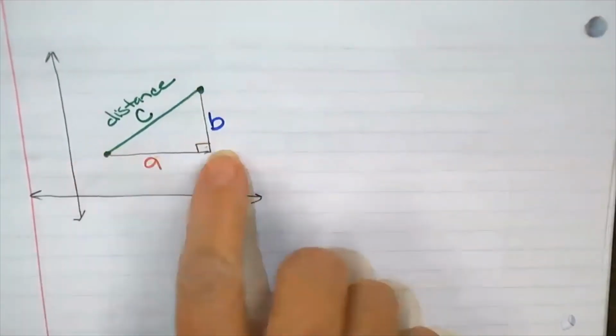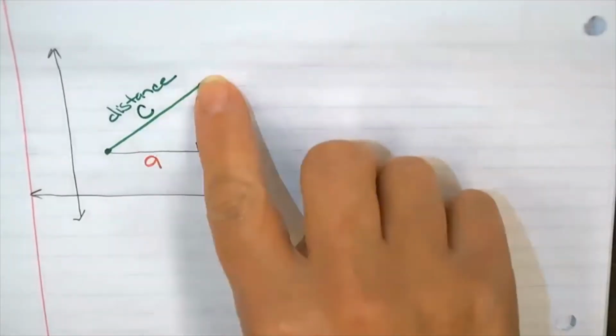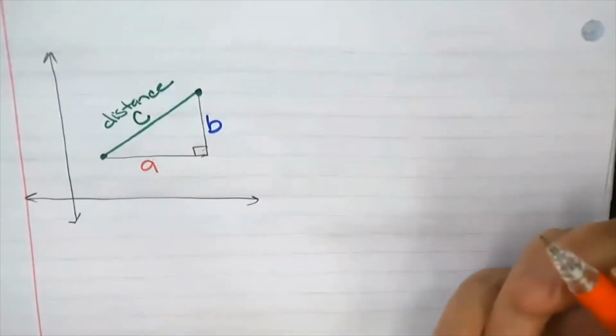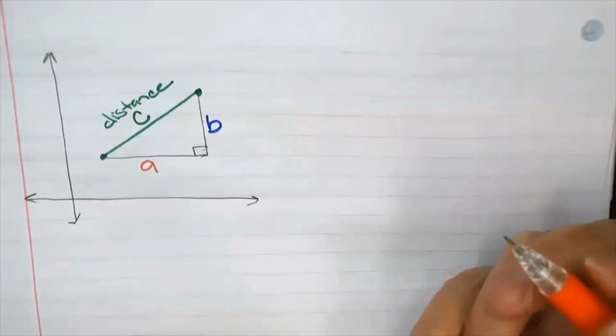So by creating a right triangle where my line is the hypotenuse, or the longest side, I now have a right triangle and I can use the Pythagorean theorem.